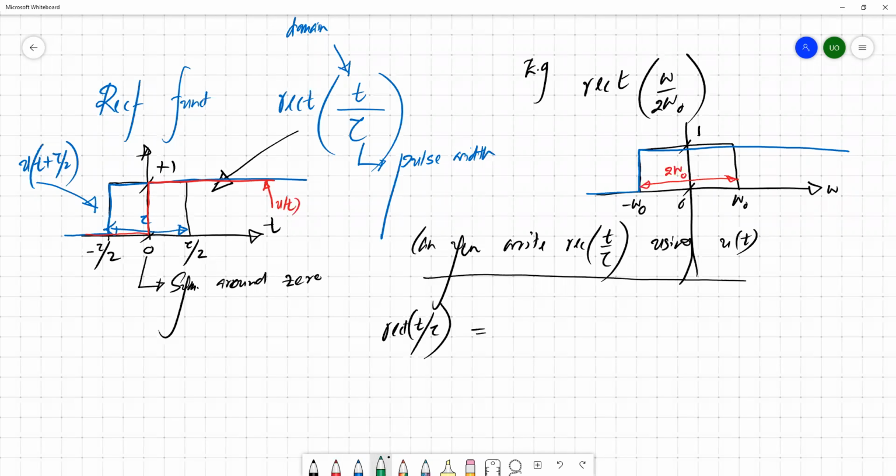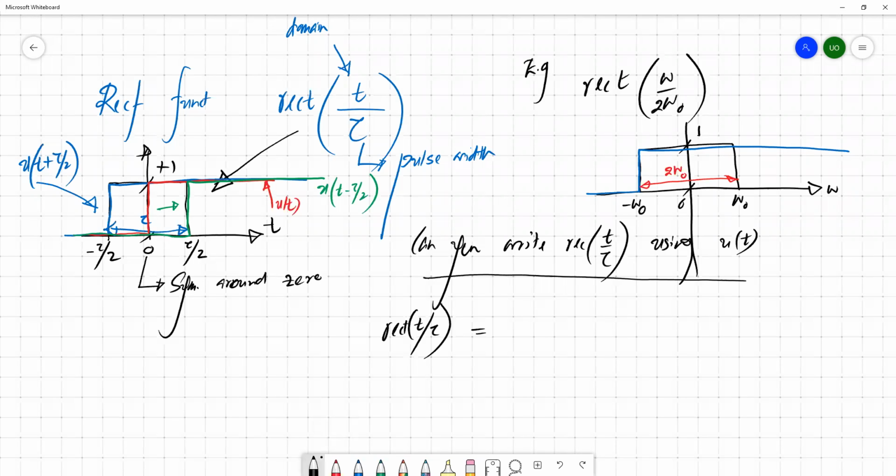Similarly, you can add another function like this. This is u(t - tau/2), so u(t) is shifted to the right-hand side of the time axis by tau/2.